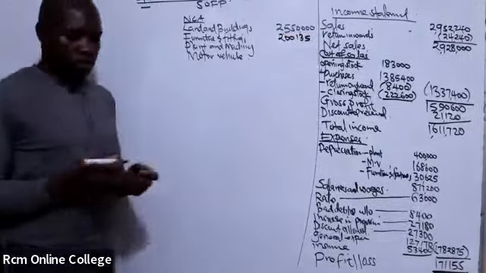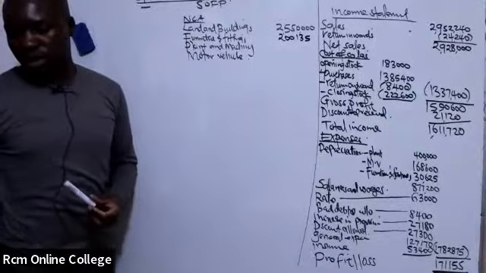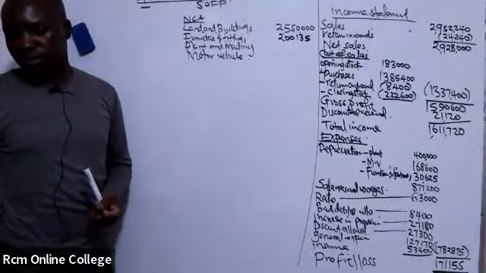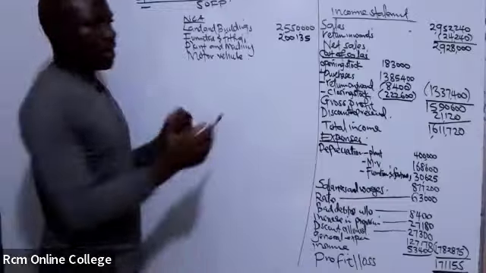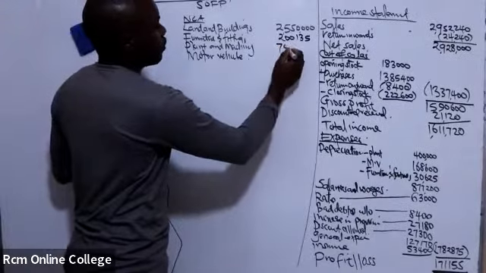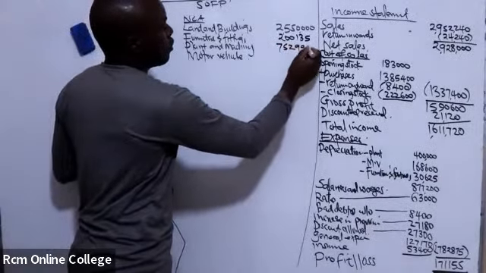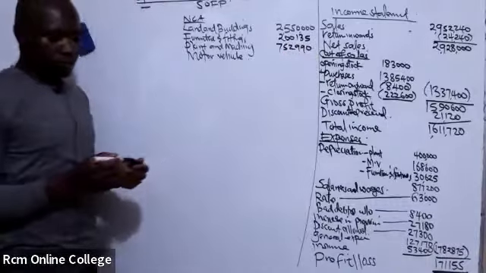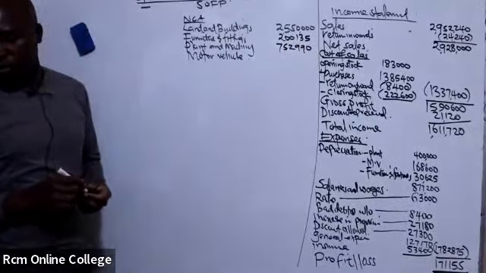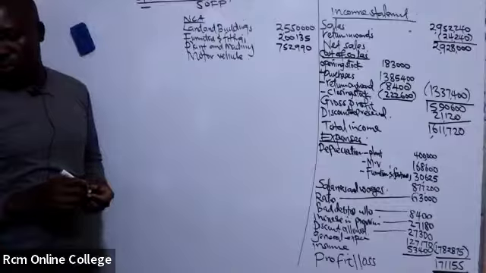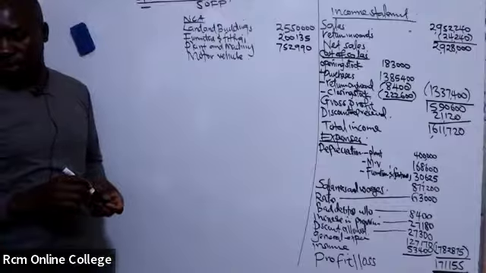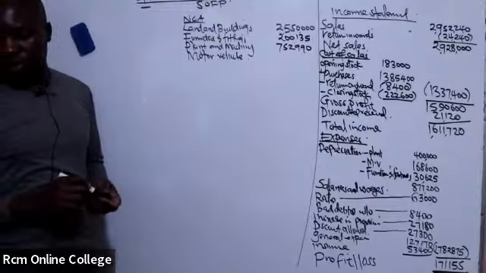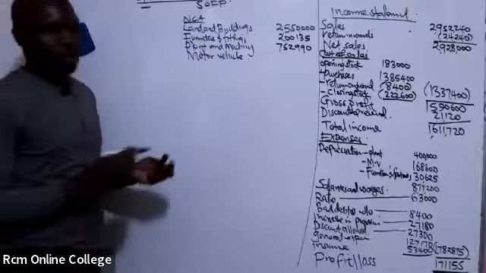Plant and machinery: 752,990. Motor vehicle: you have to copy the figures, remember? 505,800.